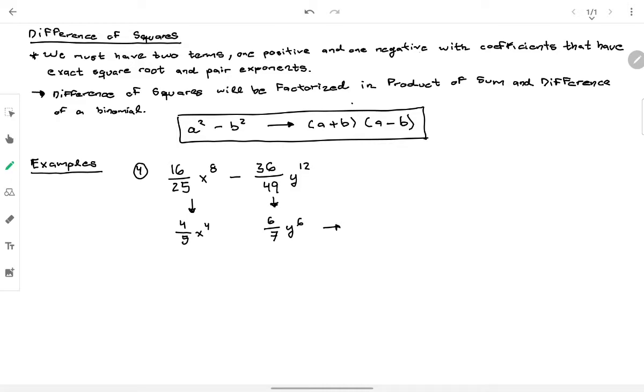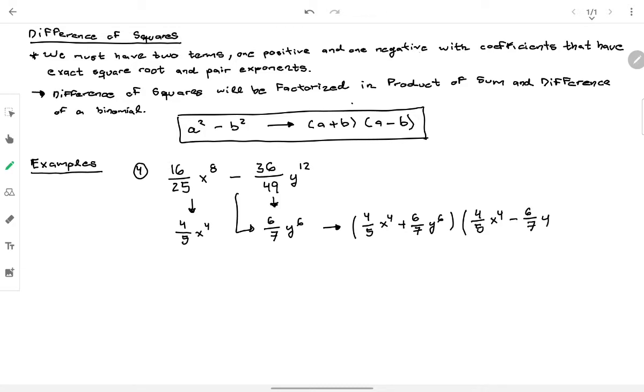So remember the rule, the one that is positive, it's going to be positive on both parentheses. The one that is negative, it's going to be positive on the first one, negative on the second one.